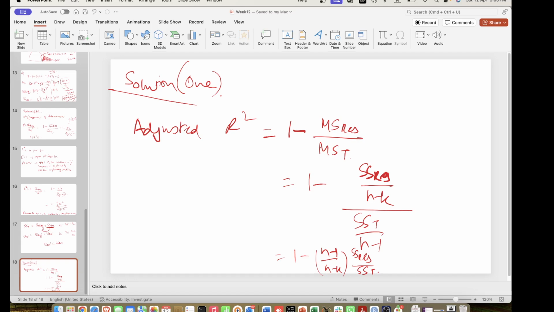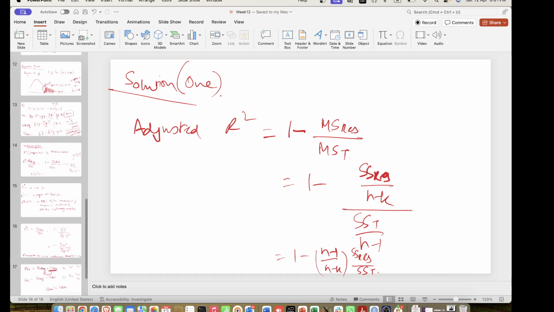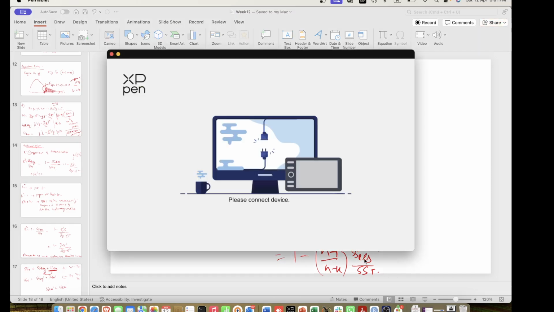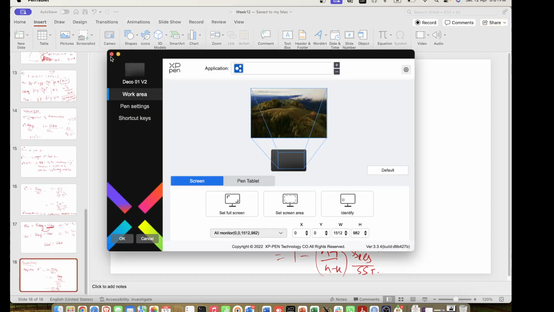This trade-off between the residuals and the penalty for incorporating additional variables is going to keep the adjusted R square in check.